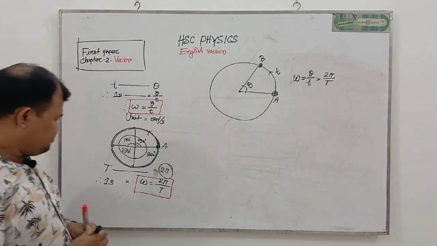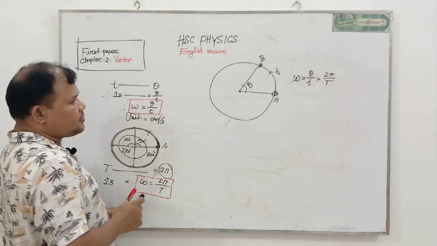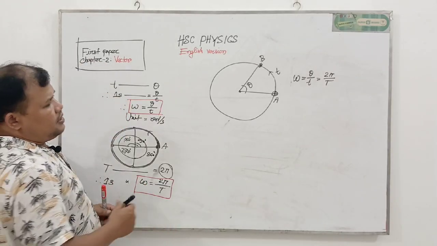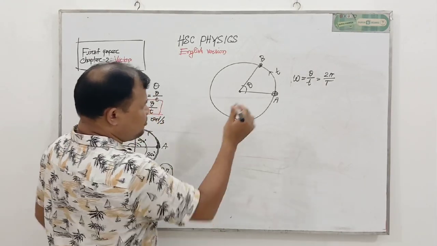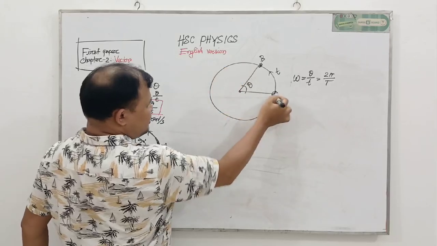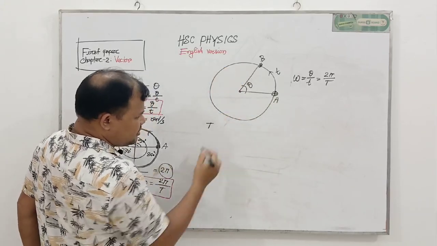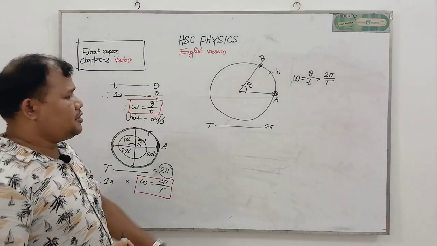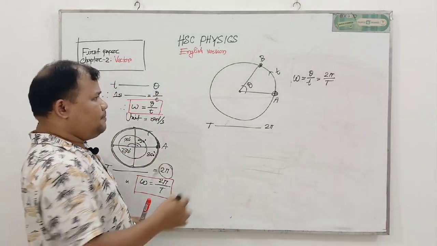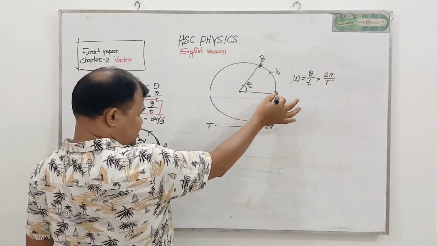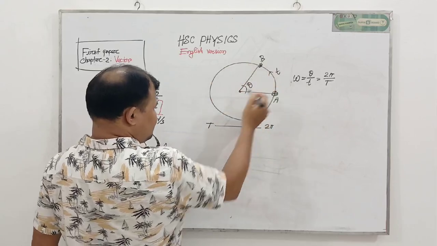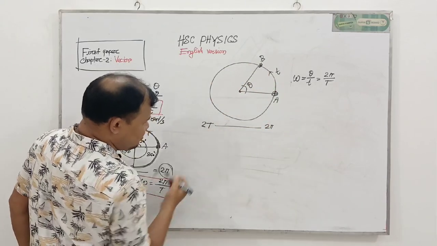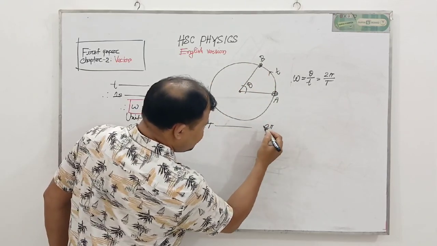My dear student, now my question to you: if a body rotates one complete cycle, the time is T, and the angular displacement will be twice pi. If this body rotates 2 times, that means 2T, then this will be double.